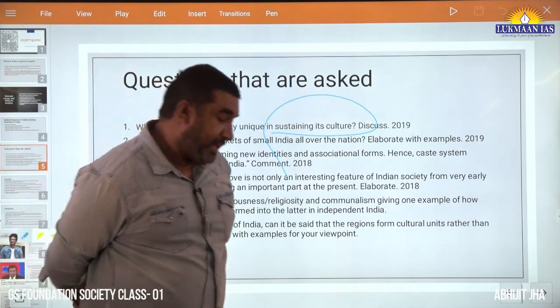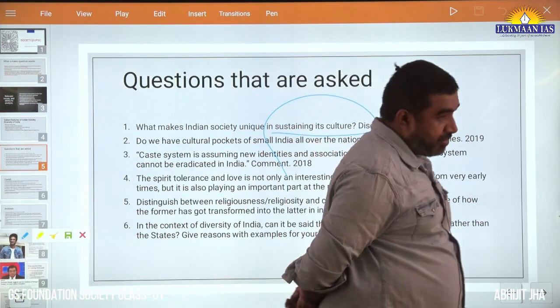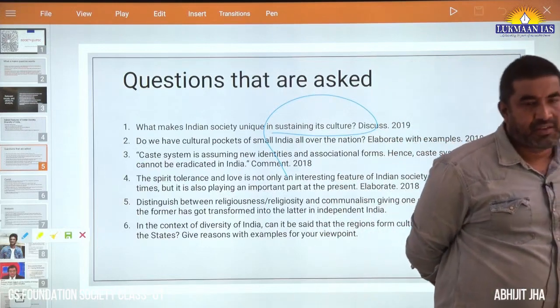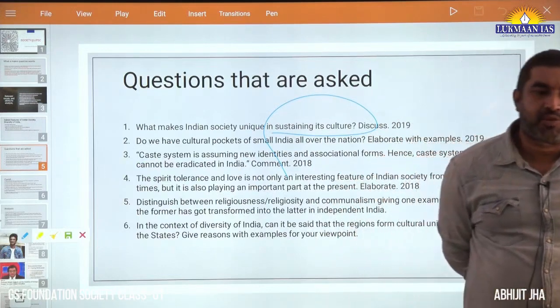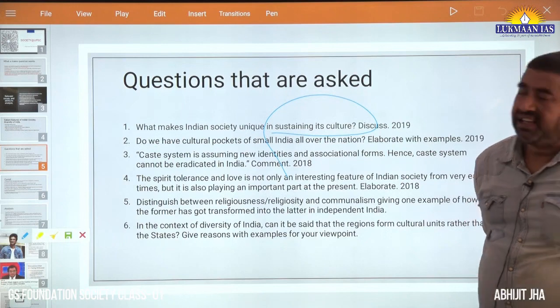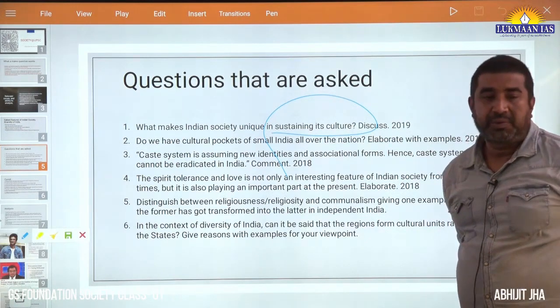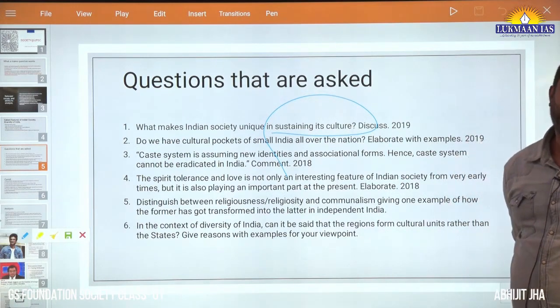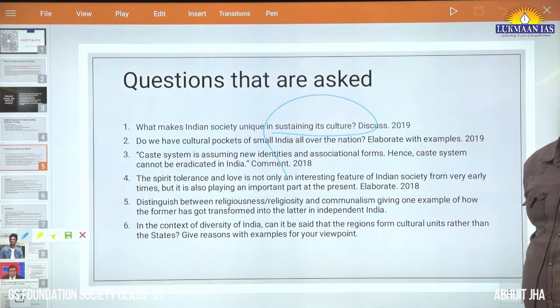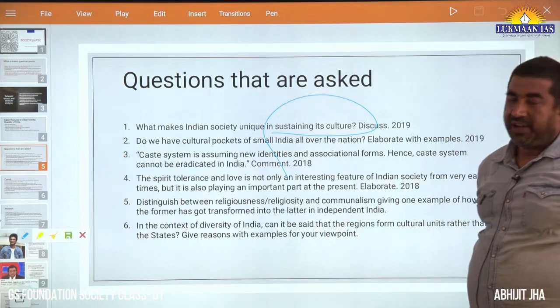Why the culture? Because we are getting modernized. Even with such an amount of modernization, why is Indian culture still able to sustain the hangover of the past? So you have to think about it.